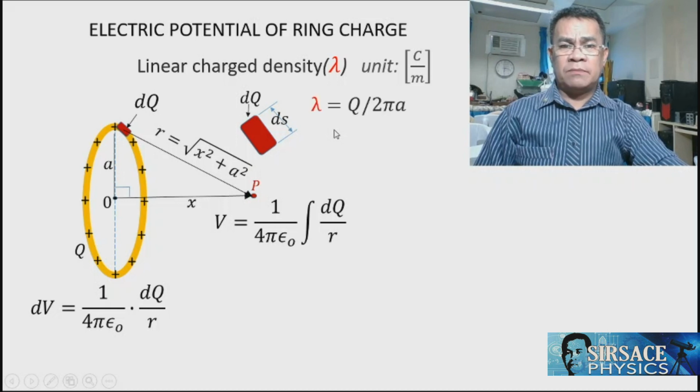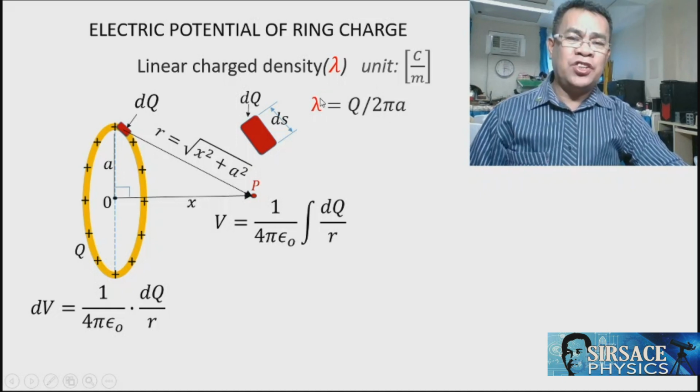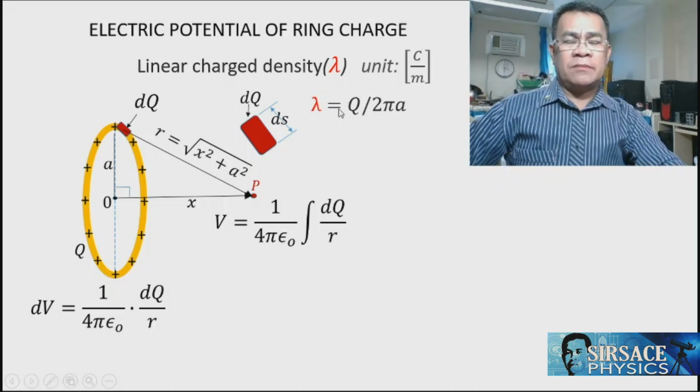Then it follows that this linear charge density, if given the q, is just equal to q, the entire charge, divided by the length of the ring. The length of the ring is, take note, the circumference of the circle. The radius is a, so the circumference is 2 pi a. So q divided by 2 pi a is our linear charge density.